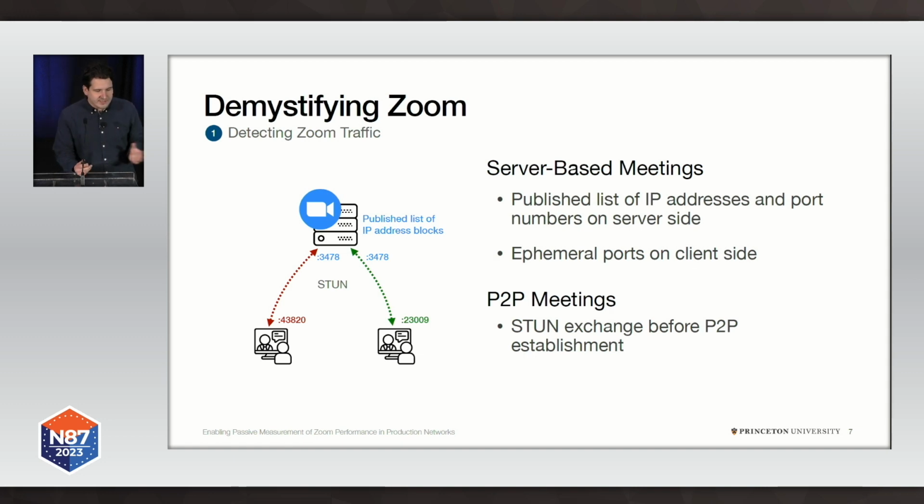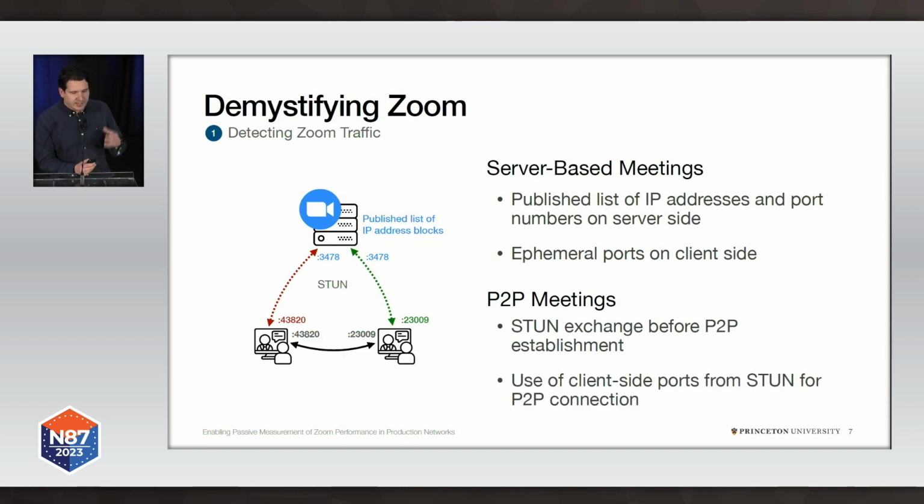We then observe that this ephemeral port number, which makes sense because a hole needs to be punched through the firewall, is later used for the direct peer-to-peer connection. So in other words, simply by observing the STUN exchange, memorizing the client-side port number, and then, with a configurable timeout, filtering for that traffic, we can also detect direct peer-to-peer media connections between clients.